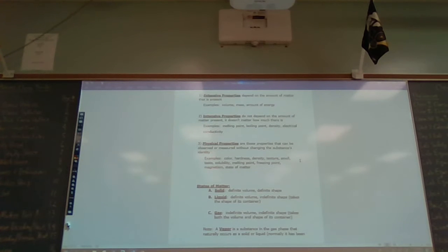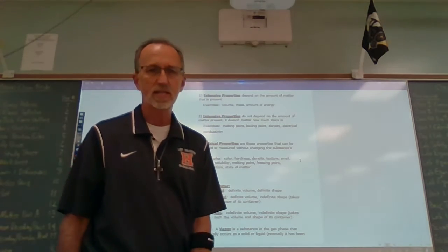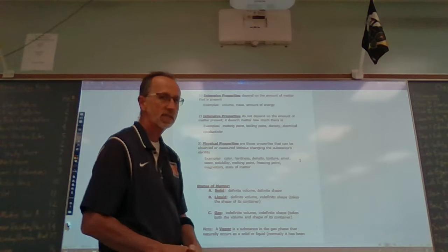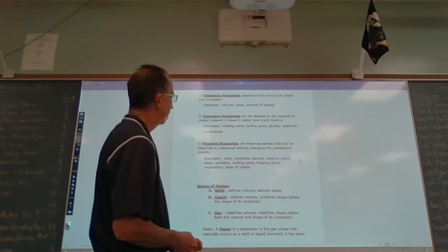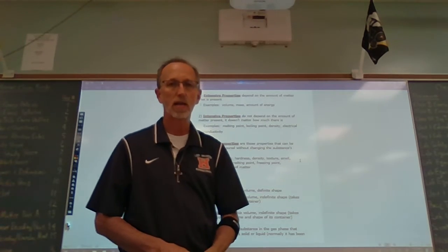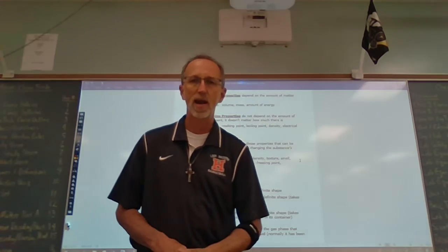So first, we have extensive and intensive properties. An extensive property depends on the amount of matter that is present in a sample. Example, volume, mass, amount of energy. These three things are dependent upon how much matter you have.